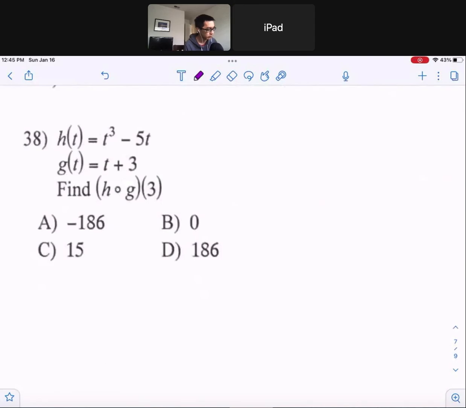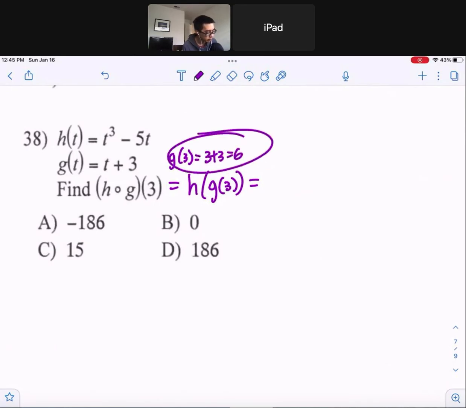38. So again, function composition. H of g of 3. First, start from the inside. We plug 3 into g. So plug in 3 into here. 3 plus 3, which is 6. So we know g of 3 is now 6.